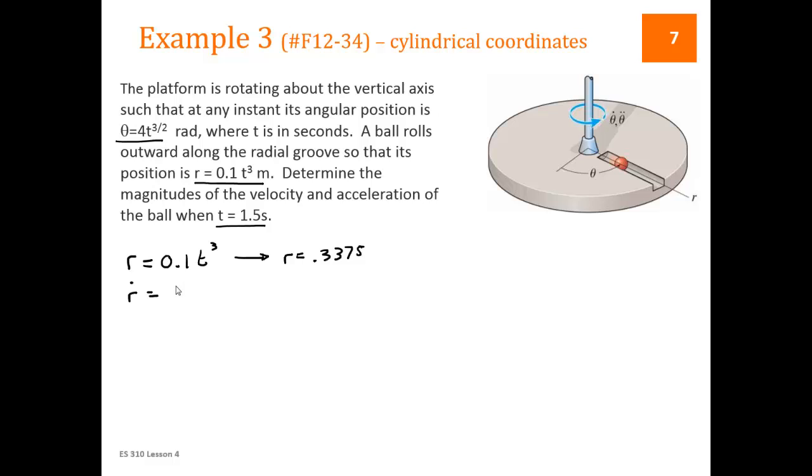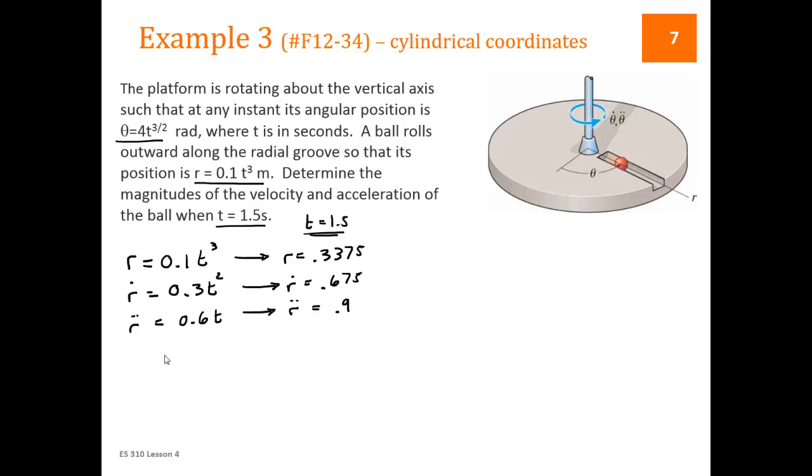So r dot is 0.3 t squared. Right? And we plug in, these are all at t equal to 1.5 seconds. So r dot is equal to 0.675. Okay, r double dot is 0.6 t, which then gives us r double dot is equal to 0.9.